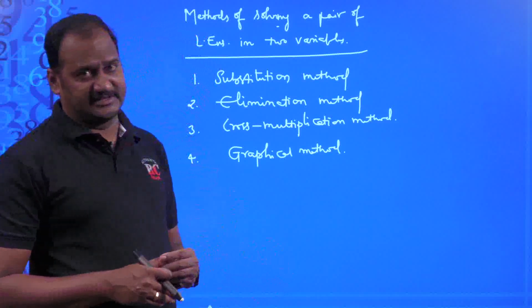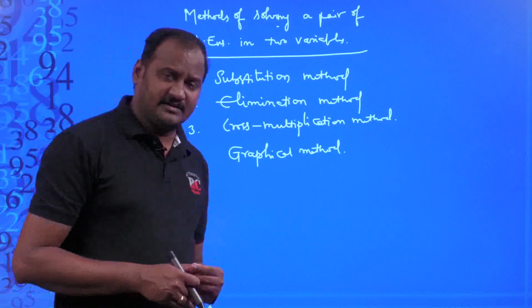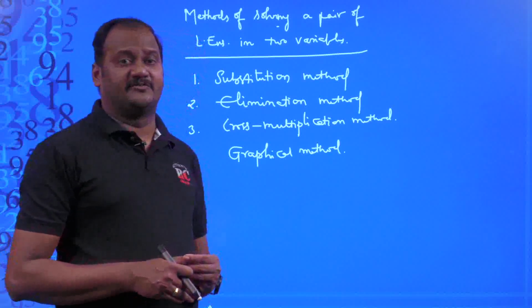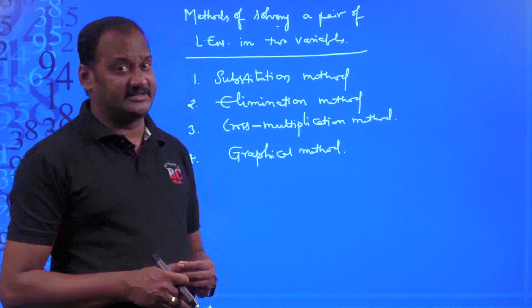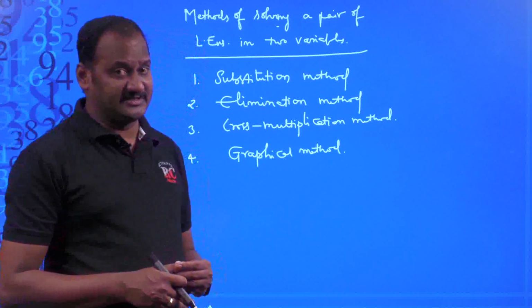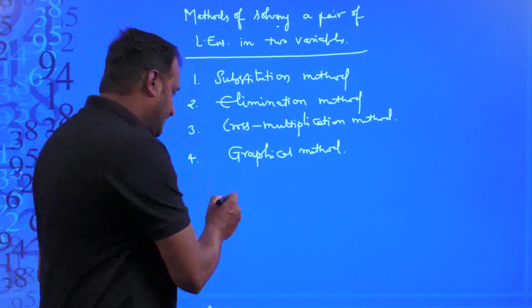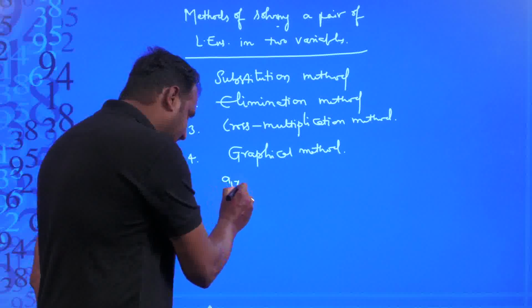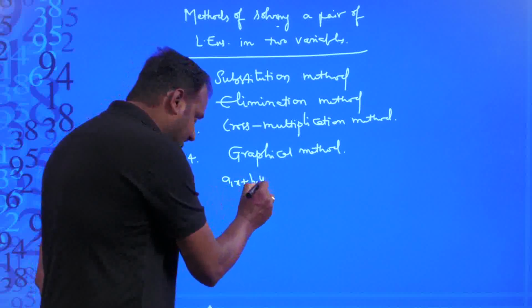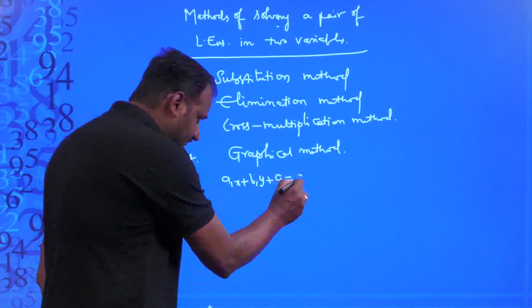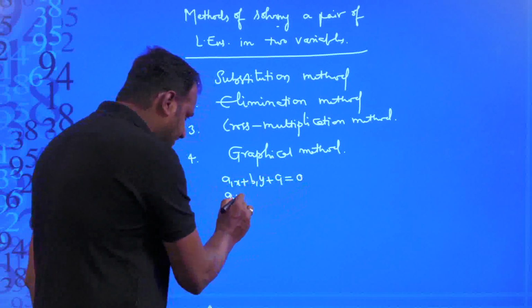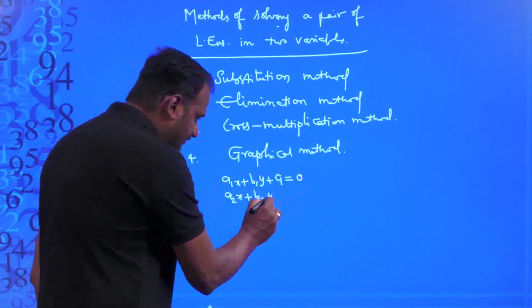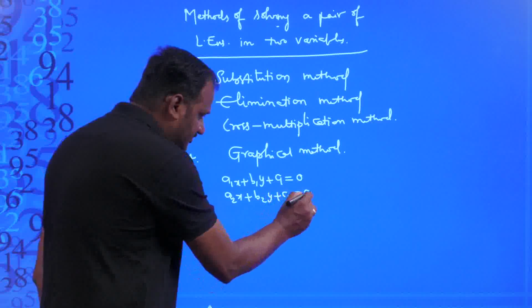If a unique solution exists for a given pair of linear equations, we had a discussion in the previous class, where a1x plus b1y plus c1 is equal to 0, a2x plus b2y plus c2 is equal to 0.